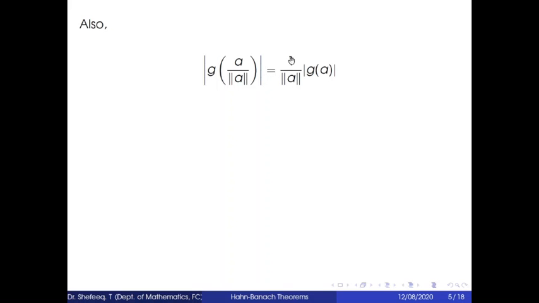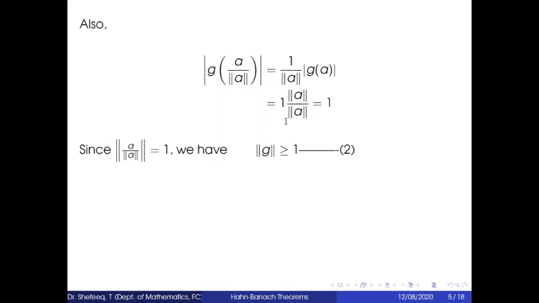This is equal to 1/||a|| times |g(a)|, or this is equal to, we have |g(a)| = ||a||, so this is equal to 1. Or we can write this as g(a/||a||), where we substitute 1/||a|| equal to k. So this is in the form g(ka).